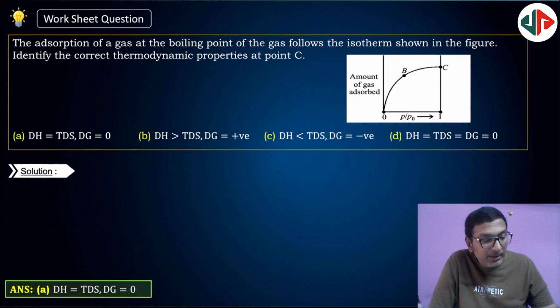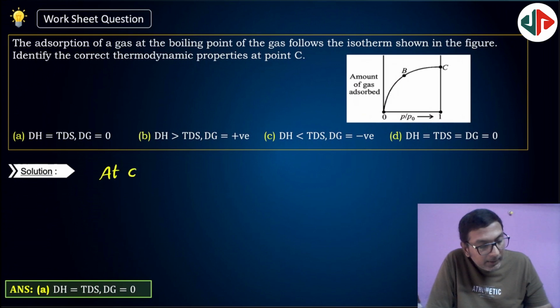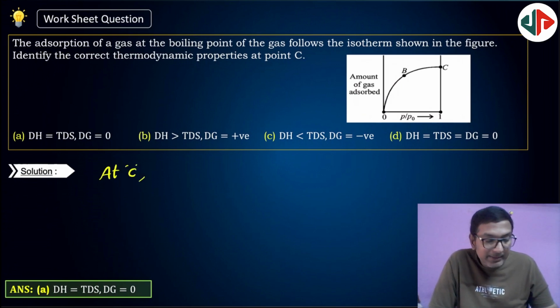The adsorption of gas at boiling point of gas follows the isotherm shown in the figure. Identify correct thermodynamic properties. So at point C, when pressure increases, amount of gas adsorbed remains constant.